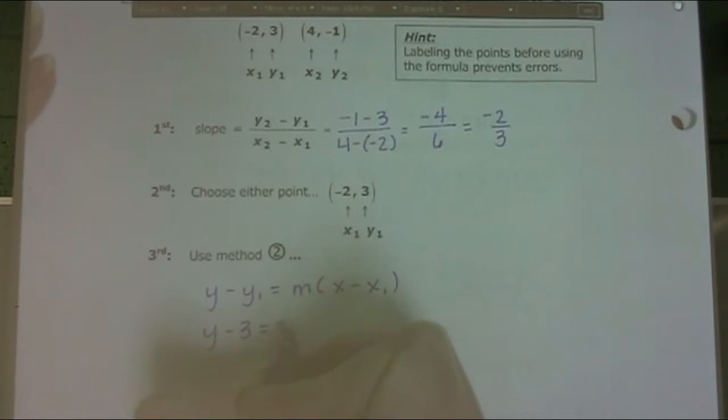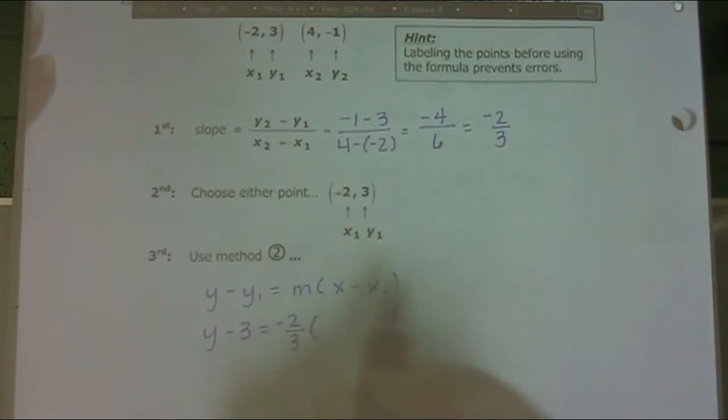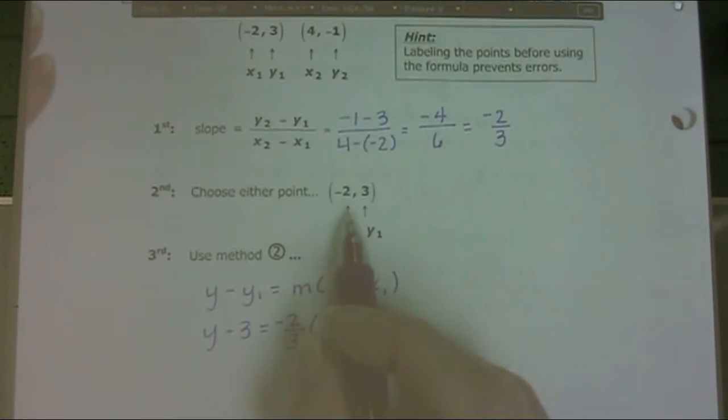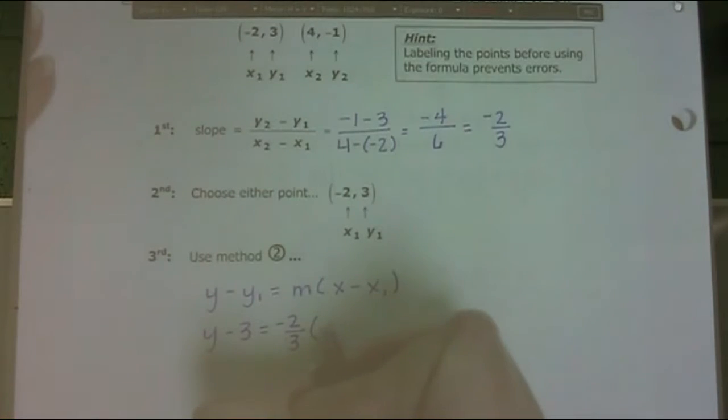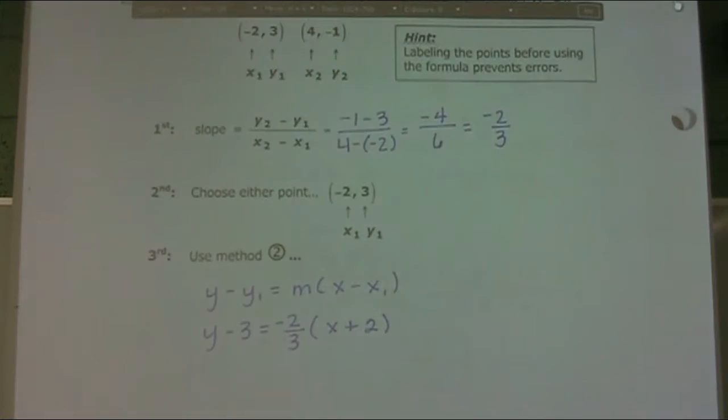The slope is -2/3 times x minus x1. So this is going to be x minus -2, which is the same as x plus 2. Remember this. When we're simplifying this into standard form, we're not going to want a fraction.